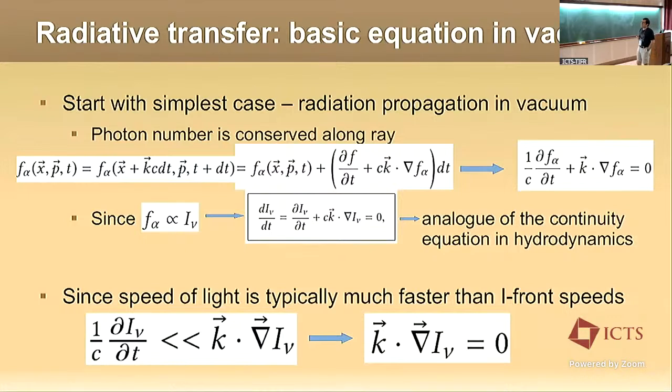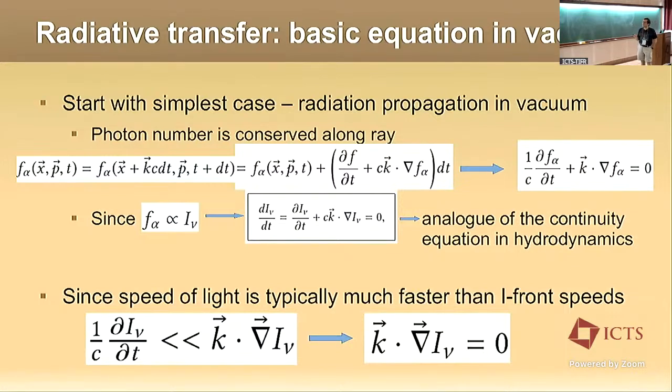In fact, if you want to be more specific mathematically, it's a version of something called Liouville's theorem, the conservation of phase space density over time. But anyway, that's the radiative transfer equation in vacuum. And the last bit to note here is that the speed of light is typically very high, right? It's much higher than most things you can think of.